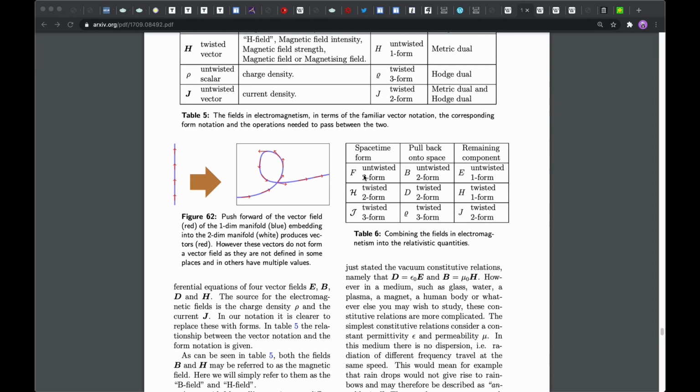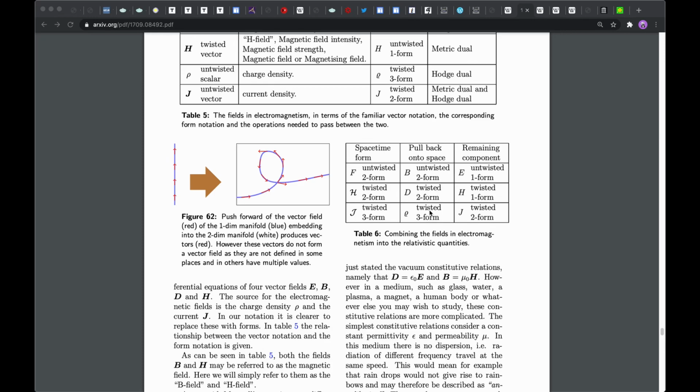So if you pull back that form onto space, you will obtain the magnetic field 2 form, like magnetic flux there, and if you pull back its Hodge dual, so H is the Hodge dual of the F here, then you will obtain the electric flux 2 form onto space.